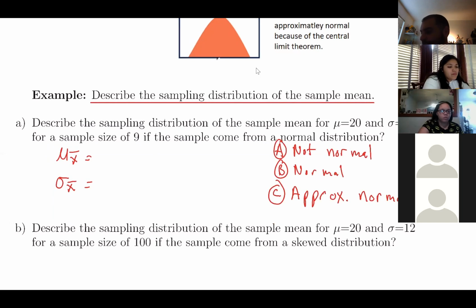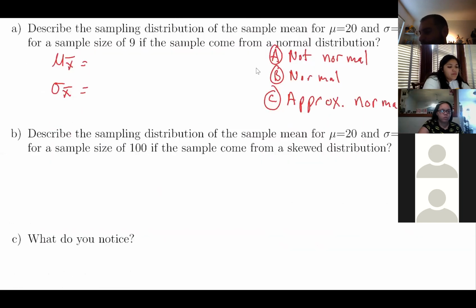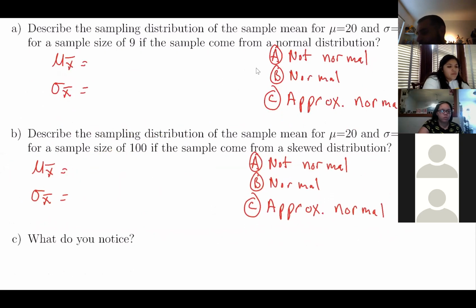So these are the three things that I want. Anytime in a test, if I ask you for this, I just want you to give me these three things.